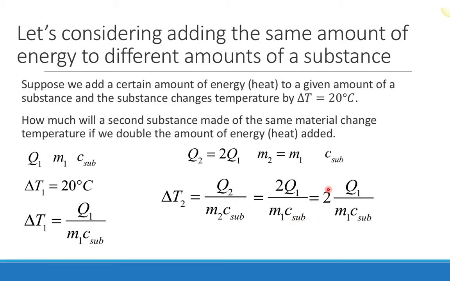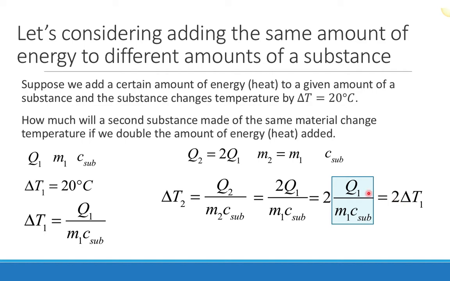I can factor out the 2, and I realize that what's left over here is exactly what I had over here, right? So the heat that was added in the first case, there's twice that amount of heat, the mass stayed the same, and the specific heat.